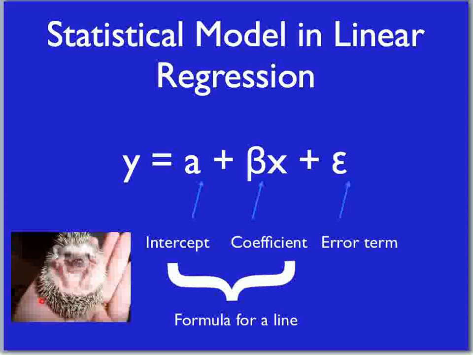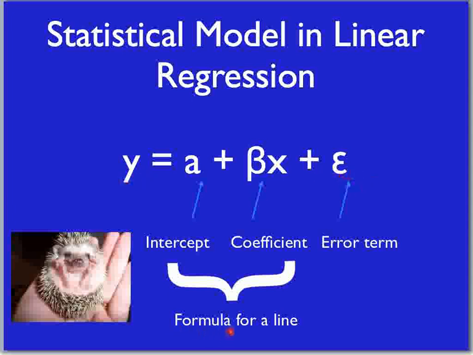So in a linear regression, you say that the dependent variable is equal to the intercept of a line plus some coefficient times the independent variable. And because the prediction isn't going to be perfect for any particular value of the independent variable, there will also be an error term.